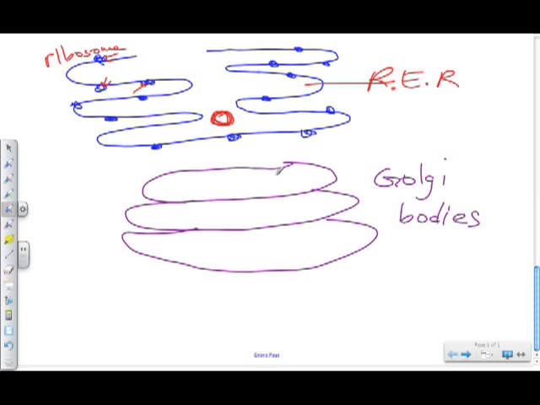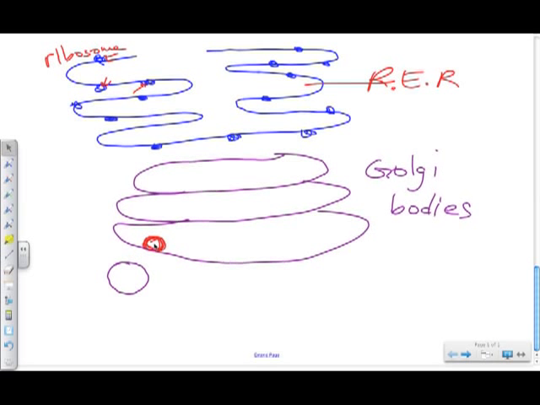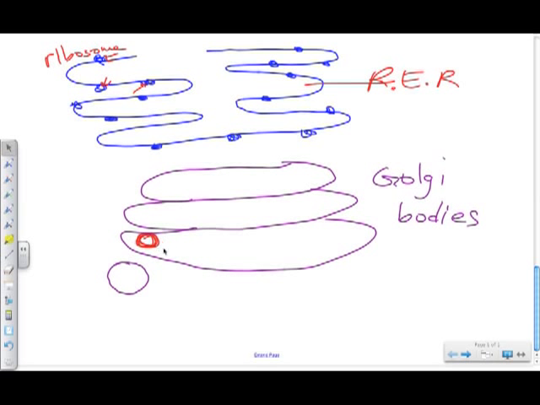This particle is going to make its way into the Golgi bodies, where from here it will form a vesicle that is going to carry this.